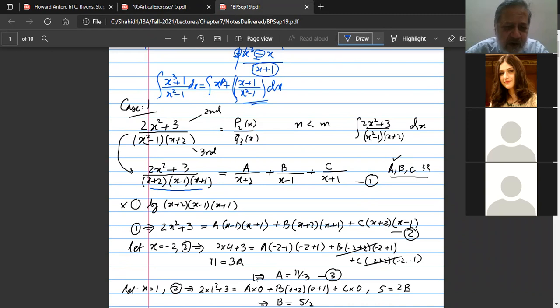Every factor is linear. In that case, we can write a upon the first linear factor plus b upon the second linear factor, then c upon the third linear factor. If somehow I can find the constants a, b, c, then the integration of these functions is very simple, very trivial rather.